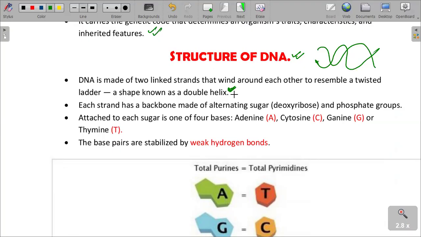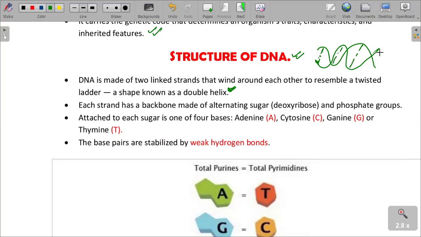That is the scientific representation of the structure and appearance of DNA. The DNA structure is a double helix, which has the nitrogen bases sustained by weak hydrogen bonds.